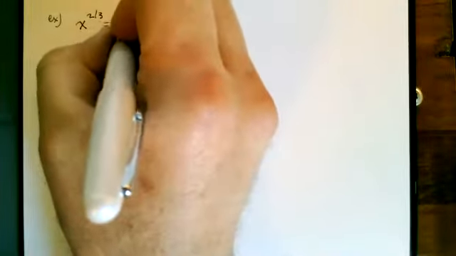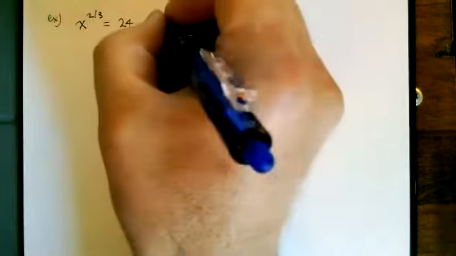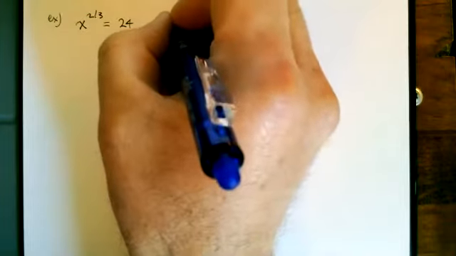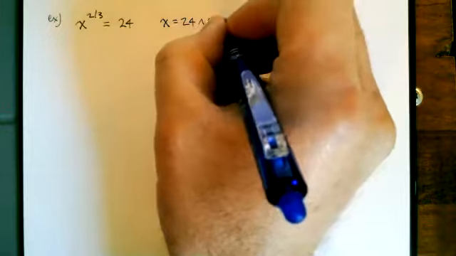This is true even if we start with a fraction exponent. If the numerator of the fraction exponent in the equation is even, then we'll also have two solutions. So if I had x to the 2/3 is equal to 24, we solve with a reciprocal exponent. So x is equal to 24 to the 3/2.